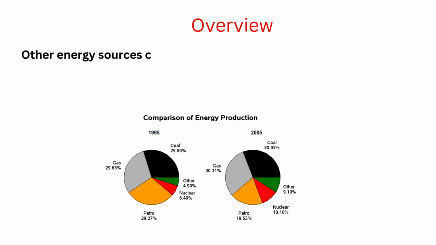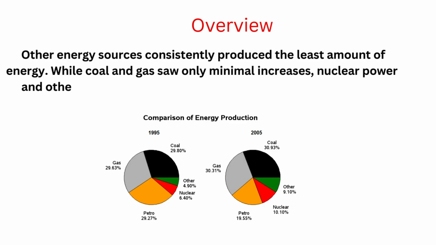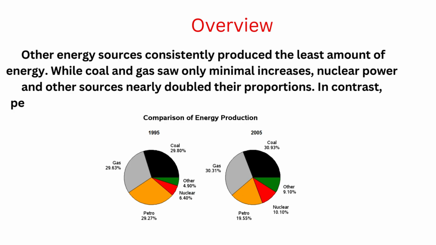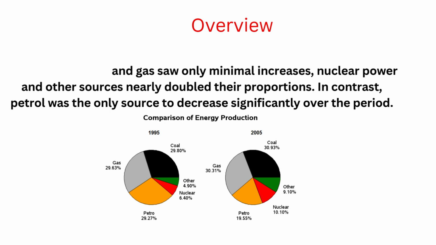Other energy sources consistently produced the least amount of energy. While coal and gas saw only minimal increases, nuclear power and other sources nearly doubled their proportions. In contrast, petrol was the only source to decrease significantly over the period.